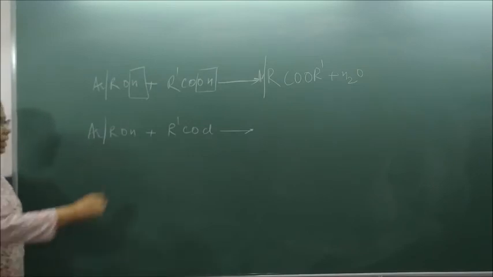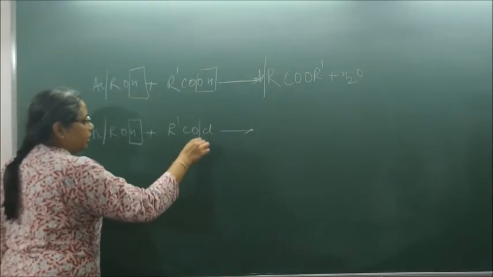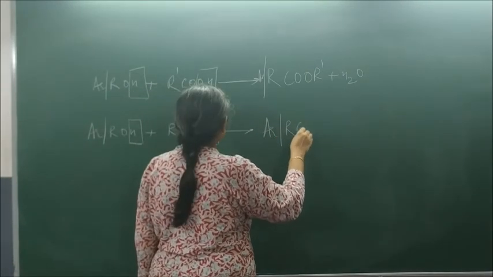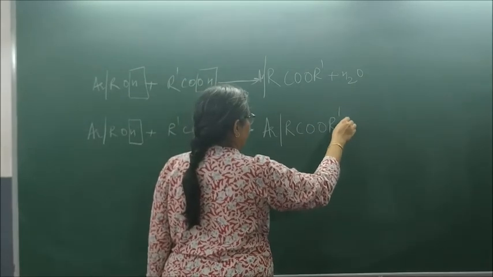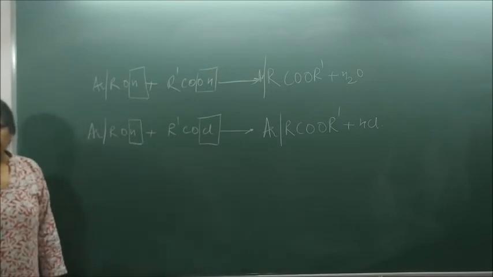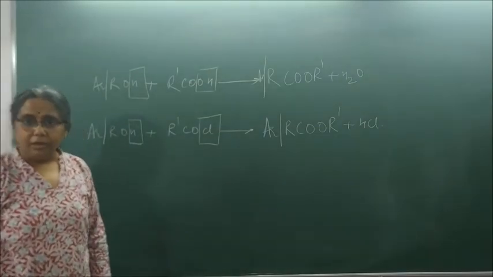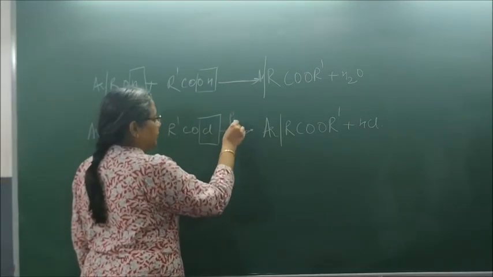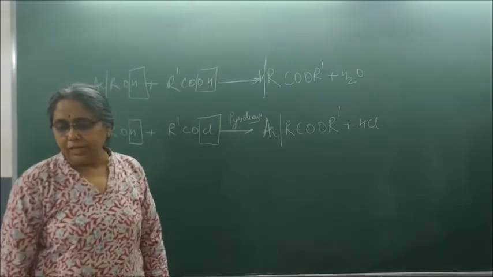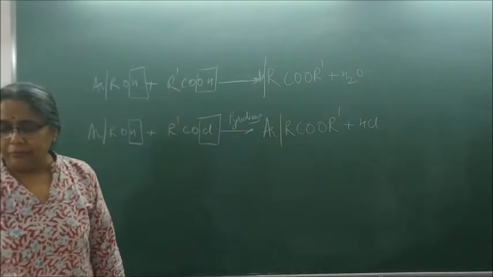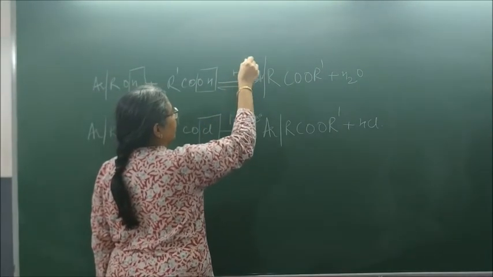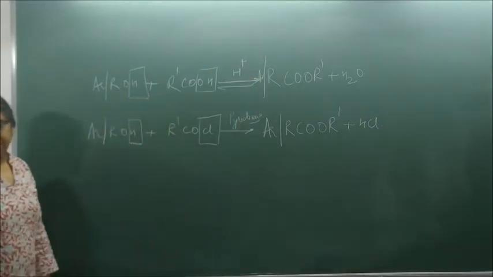So what will I remove again? From here an H, from here a Cl. So I will get ArOCOR dash plus HCl. Clear? Fine. Now please write here, this reaction takes place in the presence of pyridine. The first one, the esterification reaction, takes place in acid medium, in the presence of H plus ion.